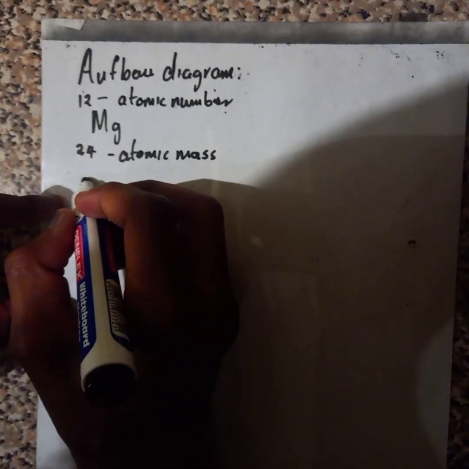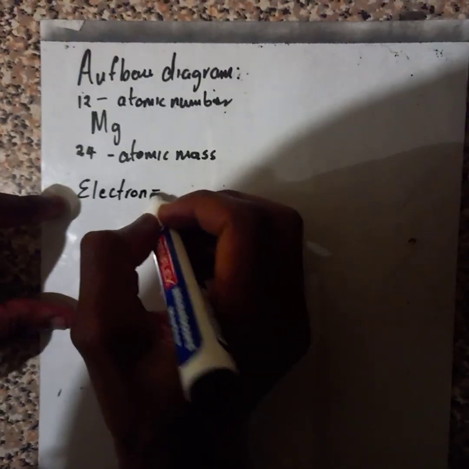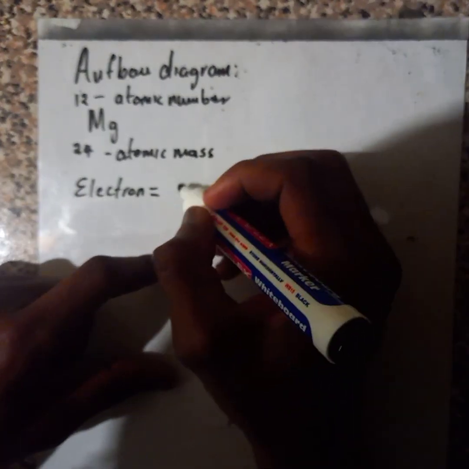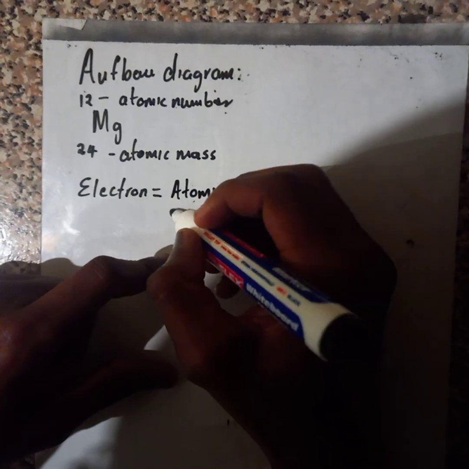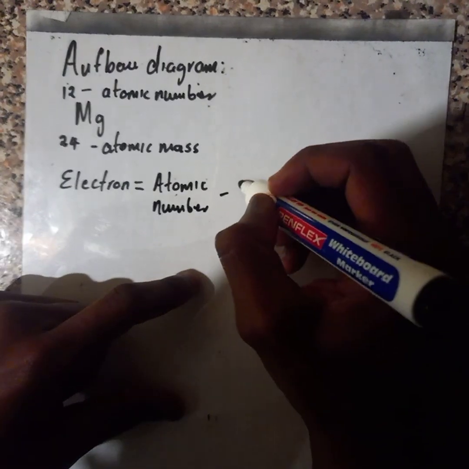Before we can even continue, don't forget to start by your electrons. I know we have to be used to this. Electrons, we have atomic number. Don't forget this formula: atomic number minus charge.